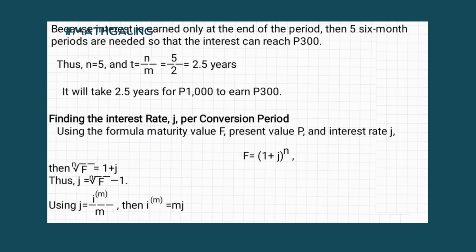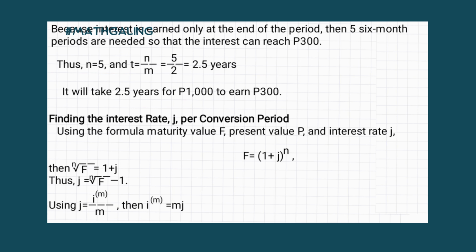Thus, n is equal to 5 and t is equal to n over m is equal to 5 over 2 is equal to 2.5 years. It will take 2.5 years for 1,000 pesos to earn 300 pesos.